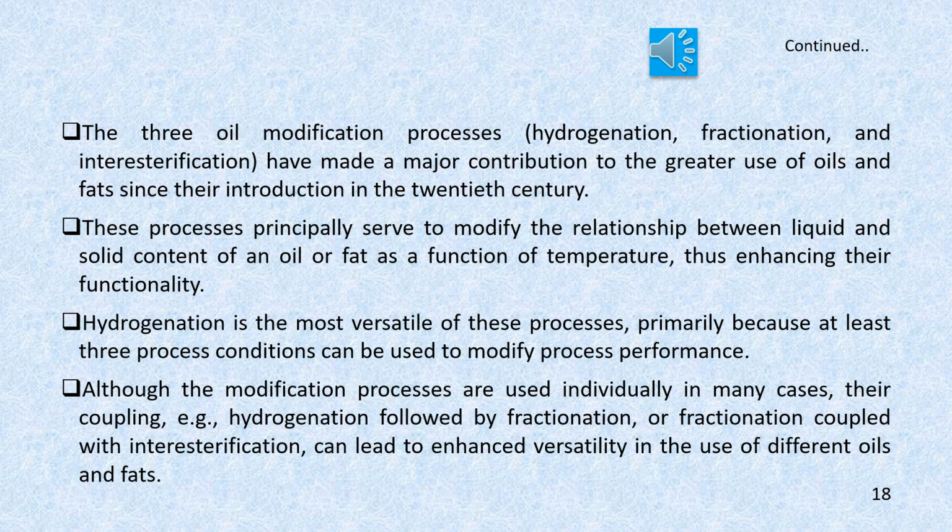The modification can be performed in three ways: through hydrogenation, fractionation, and interesterification. So the modification process is very important. It can enhance the qualities or properties of oils and fats, and this process was introduced in the 20th century.